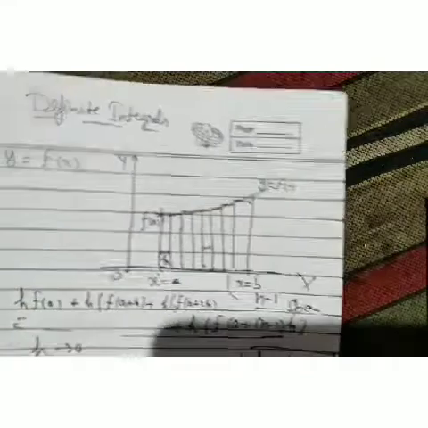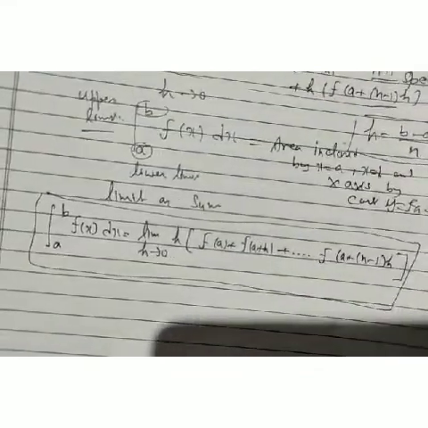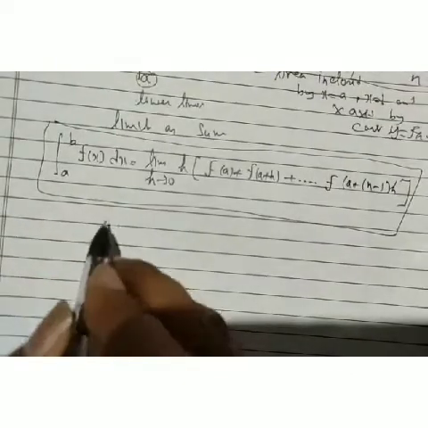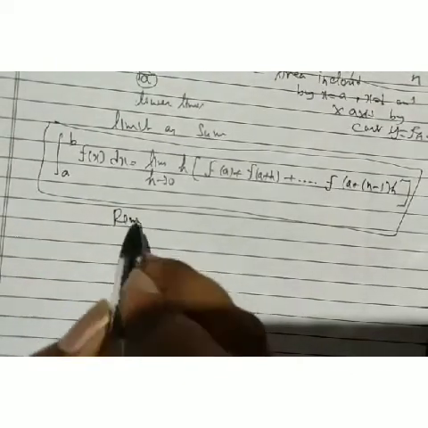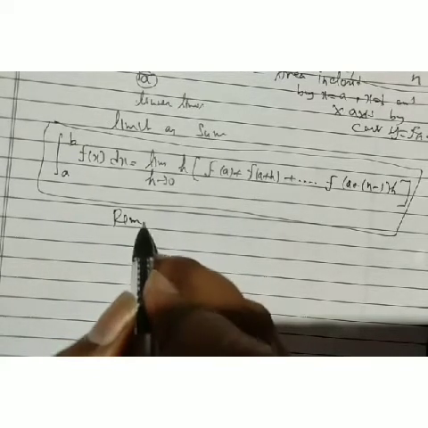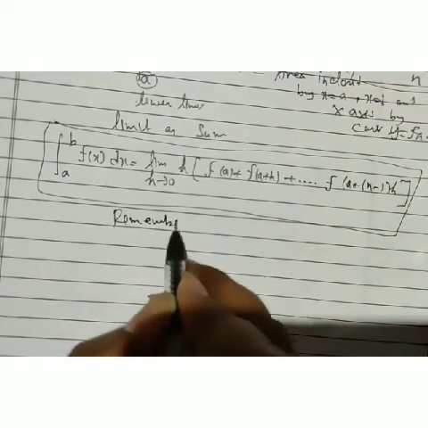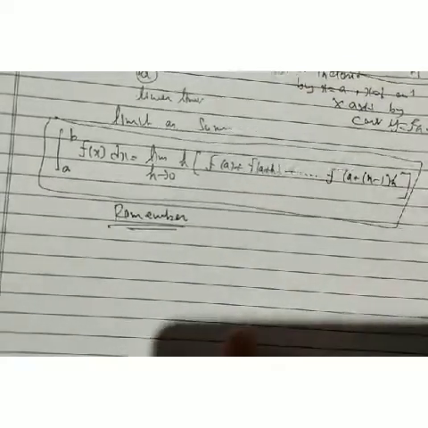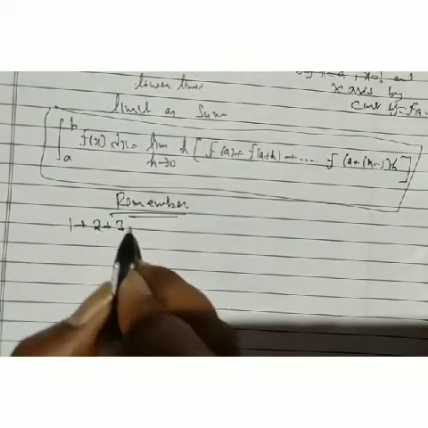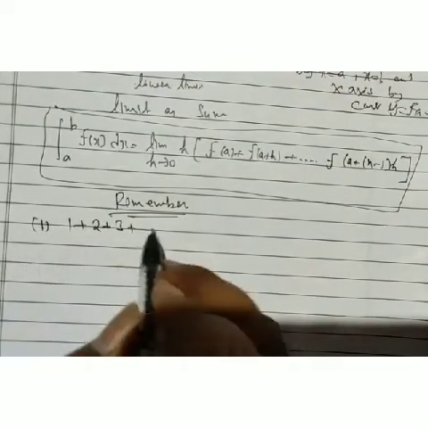Before we use the limit as a sum, I request all of you to remember some things. Please remember this, it is helpful to solve the integral as the limit of a sum. What do you have to remember? Please remember some basic concepts: the sum of 1 plus 2 plus 3 up to n natural numbers.